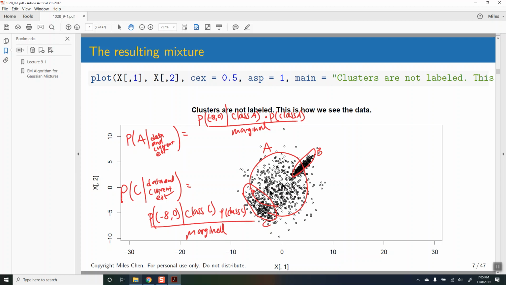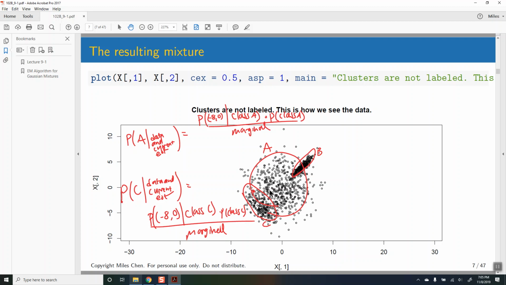The mean of class A is going to be the weighted mean of all of your data points, weighted based on their probability of belonging to class A. The points that have a 99% probability of belonging to class A basically count their full weight in calculating the mean. And this point way over here, maybe it only has a 1% probability of being in class A, so it only contributes 0.01 to calculating the mean.